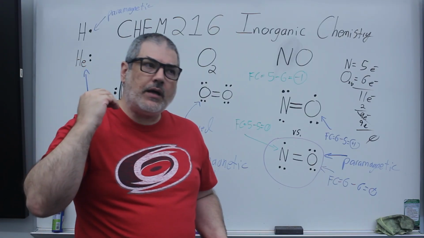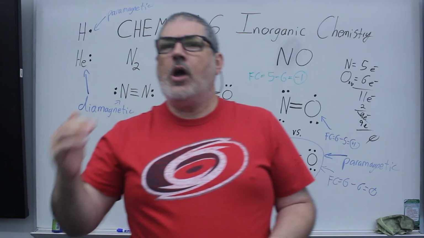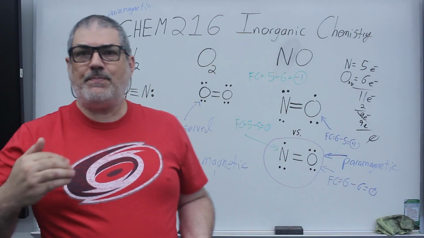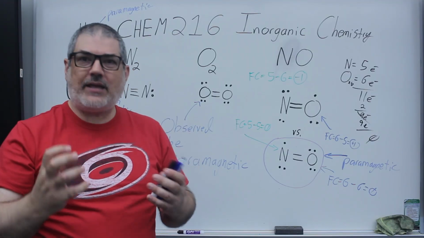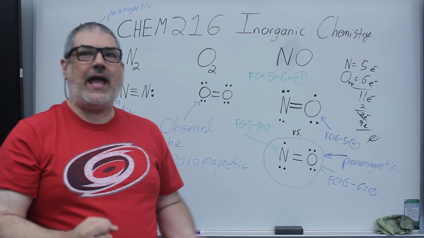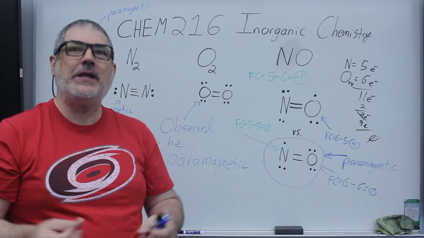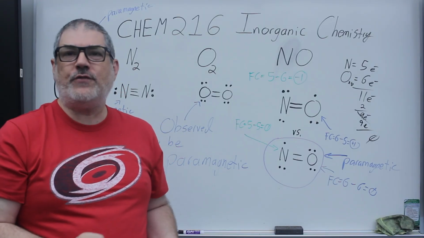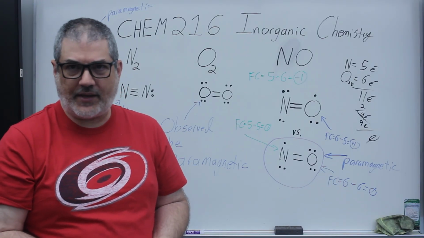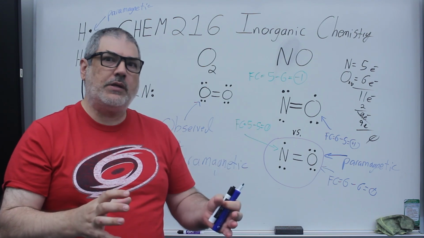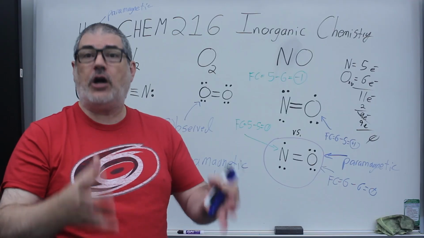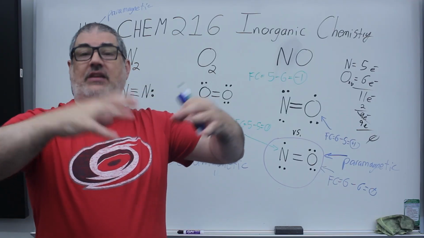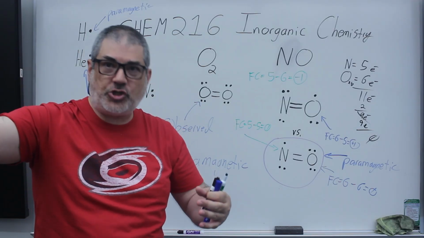So we will be investigating molecular orbital theory at the beginning of Chemistry 216. And to make your life easier, and by extension my life easier, please go back and review your notes on quantum mechanics, because everything in molecular orbital theory is based on the foundation of quantum mechanics. It's just now an extension of that.